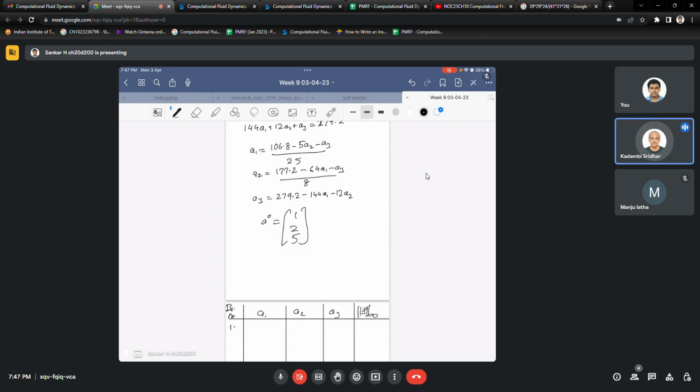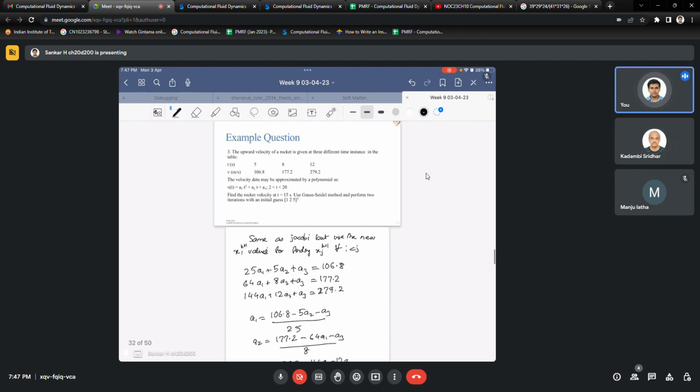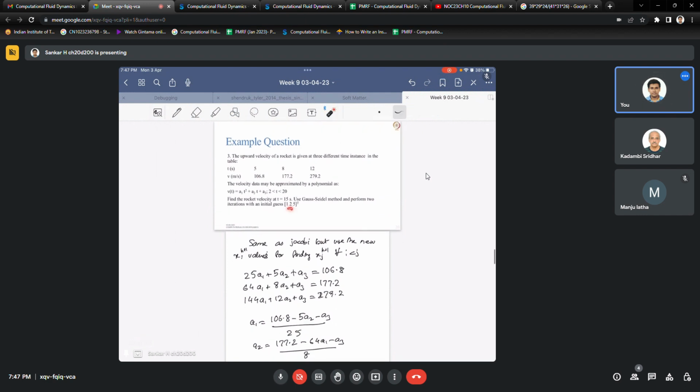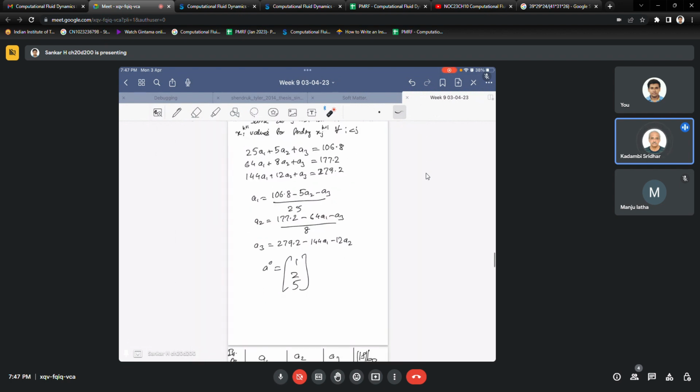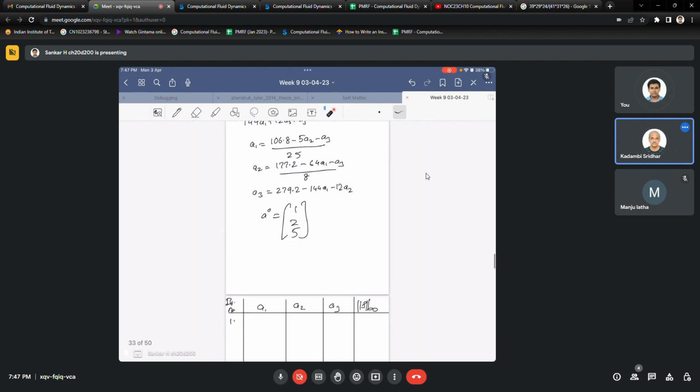Yeah, the seed value is 0, 0, 0, no? The question mentions 1, 2, 5. Oh, the seed value, yes, 1, 2, and 5. Okay, hold on.